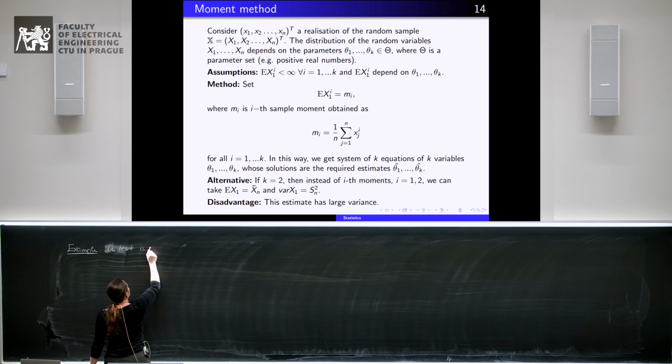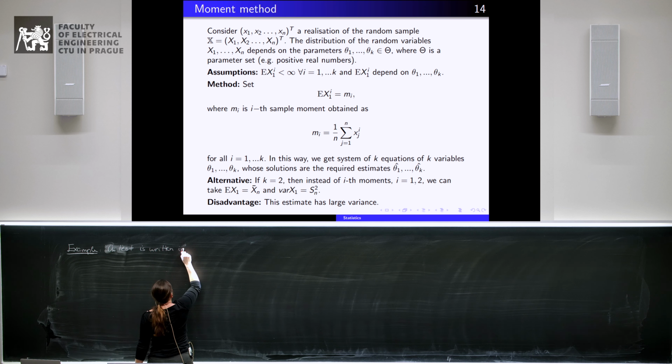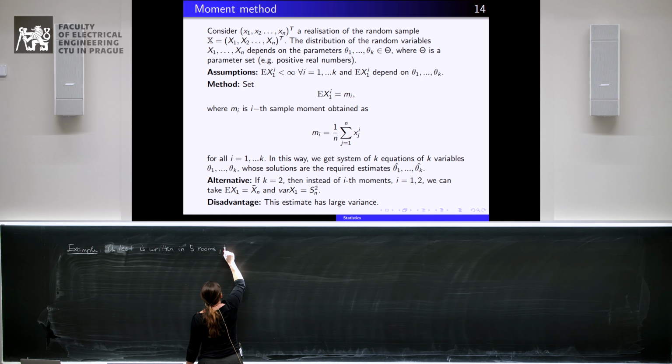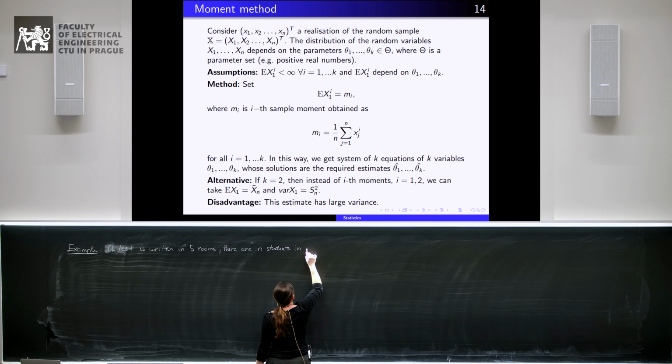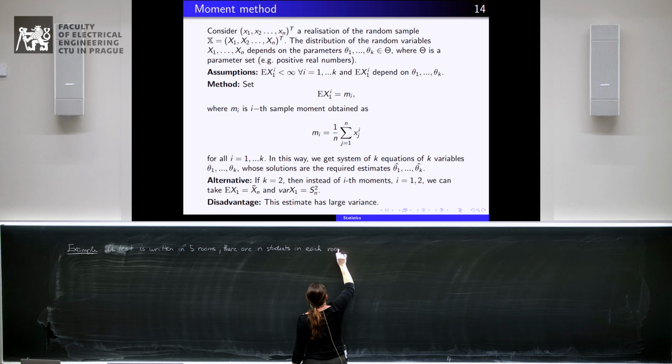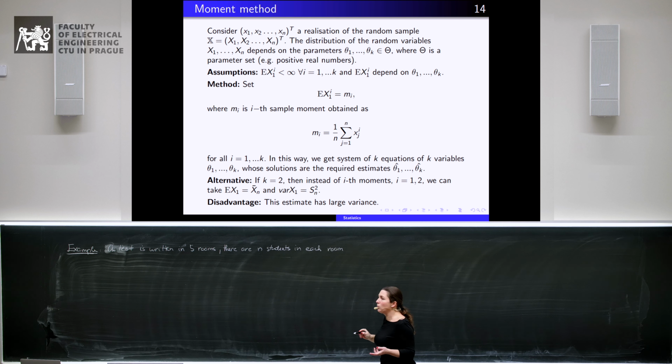A test is written in 5 rooms. There are n students in each of these rooms. And the only information we have is the number of successful students in each room.